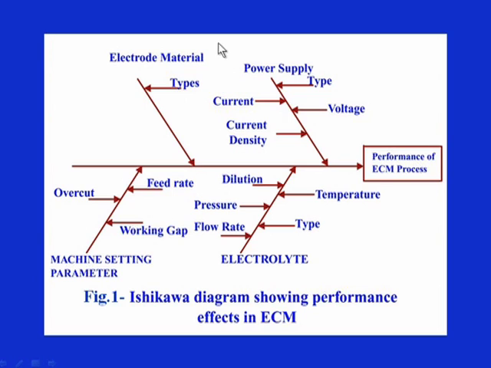In electrode material, the type of the electrode material is highly important, like whether we are using copper or other material, aluminum or graphite etc.